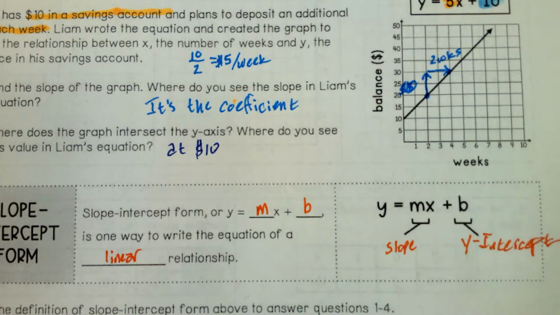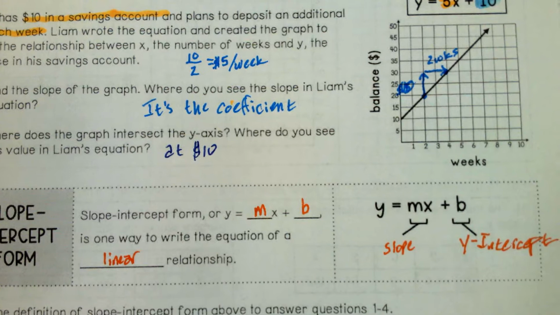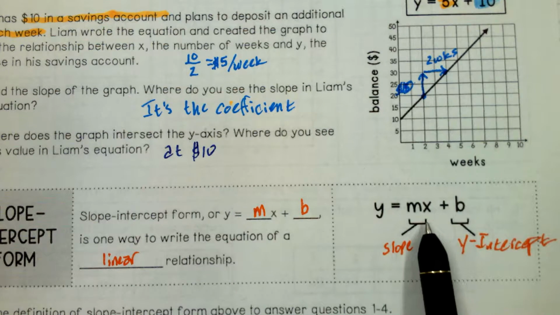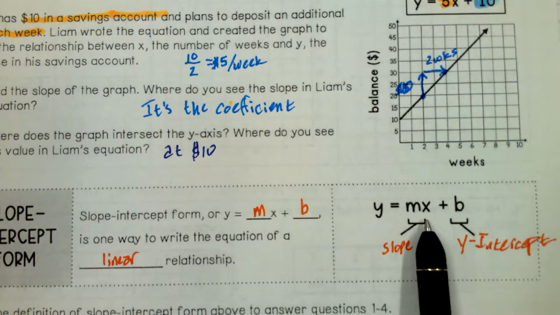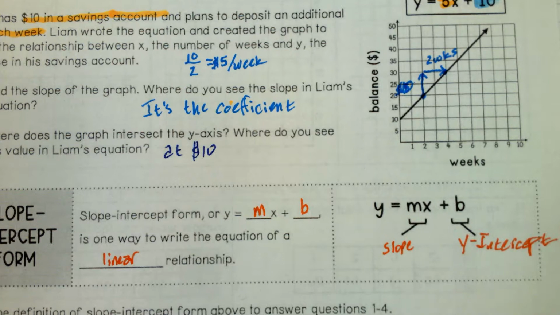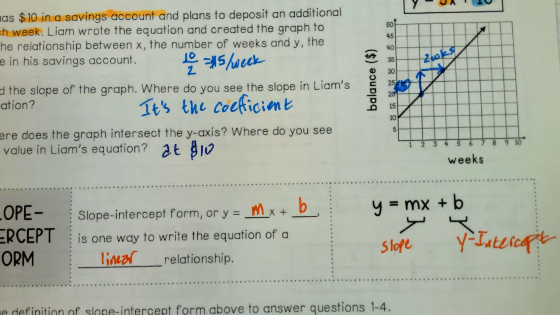So y equals mx plus b. If you have an equation written in this format, slope-intercept form, you already know the slope of the line, how steep it's going to be, and you know where it's going to start on the y-axis. Okay, so we're going to use that definition to answer questions 1 through 4.